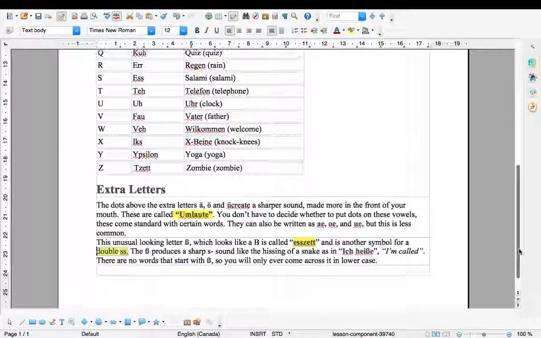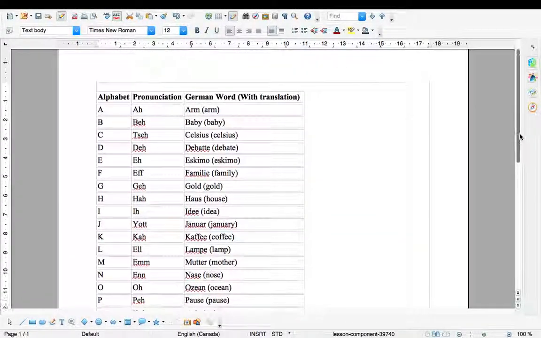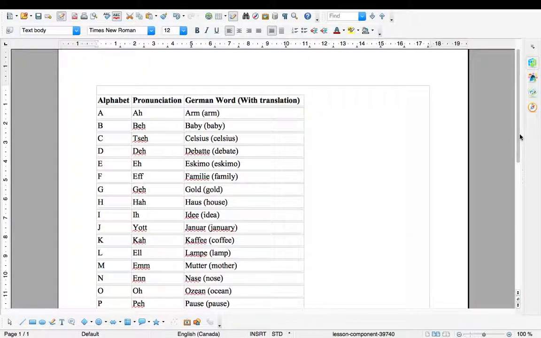Okay, that's all for the alphabets. I let you repeat the alphabets. Let's start.